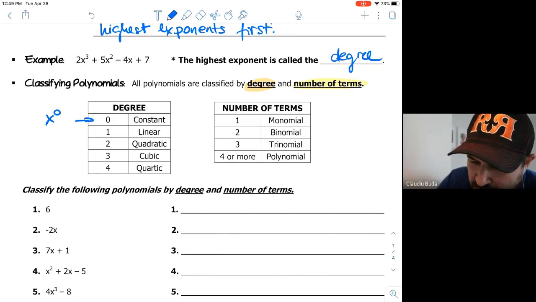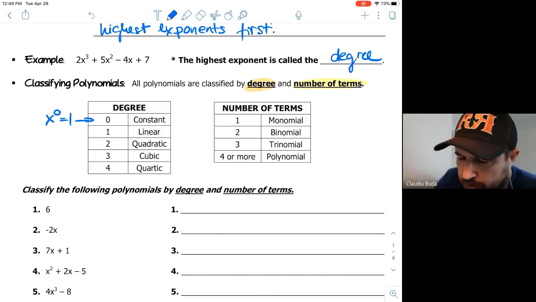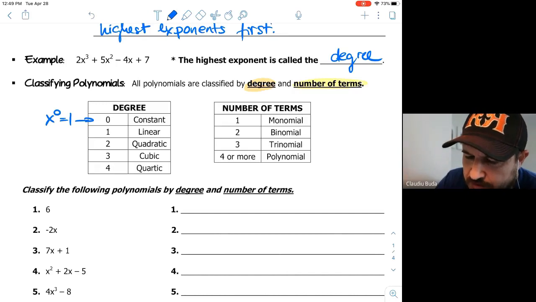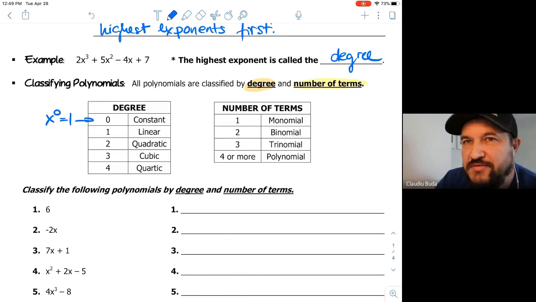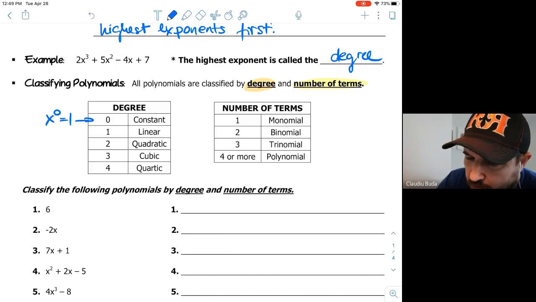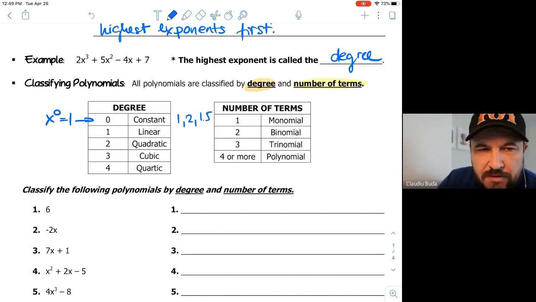Remember we said that that is equal to 1, which wouldn't change. So we still have a variable, but it's to the 0 power, which eventually will be equal to 1. So that's why we only have 1, 2, 1.5, or whatever. It's just a number, just a constant.